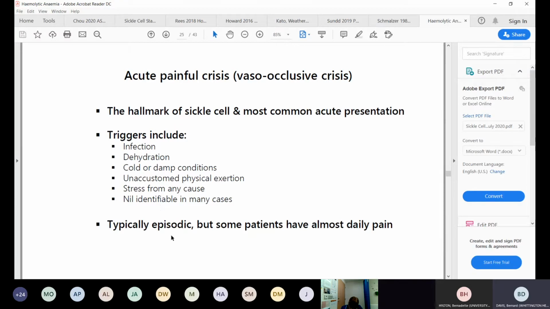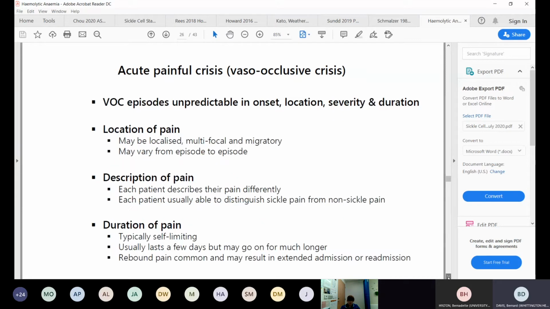Now, we tend to think of sickle crises as episodic, with the patient being pain-free in between the episodes of acute pain. But the truth is this, that there'll be some patients who have continuous, almost daily pain, and it's important to be aware of that. Now, what are some of the features of the painful crisis?